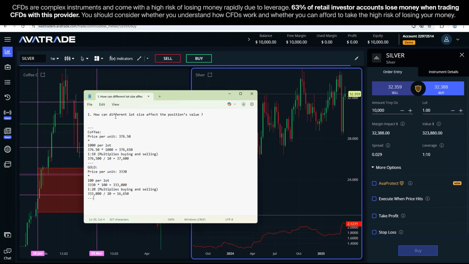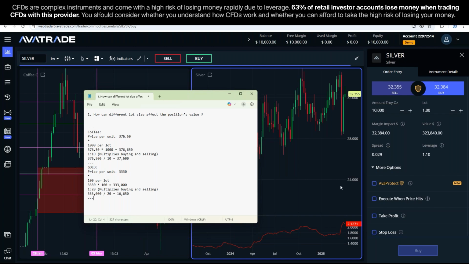I just don't want to delay on this question too much, but you guys can see, right? The value is 32 per ounce since it's silver, but now since the lot size is 10,000, the value will be multiplied by 10,000. So for one lot, the value is around the same levels as we calculated with coffee and with gold.